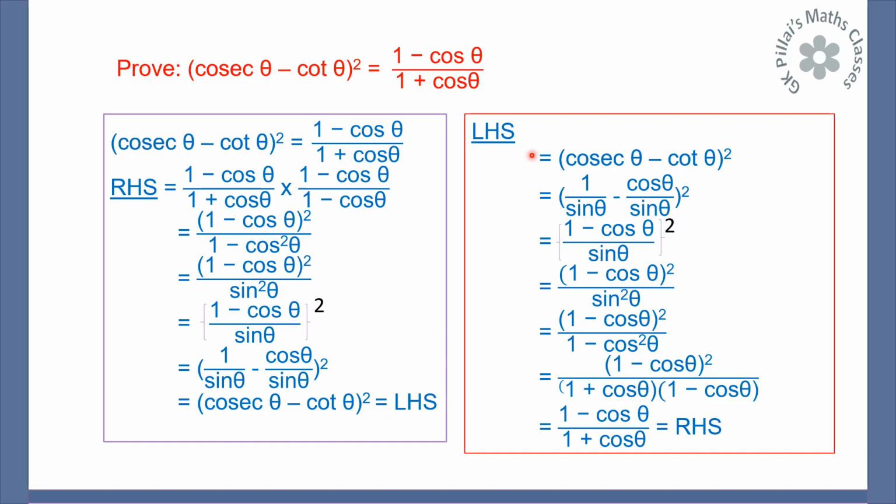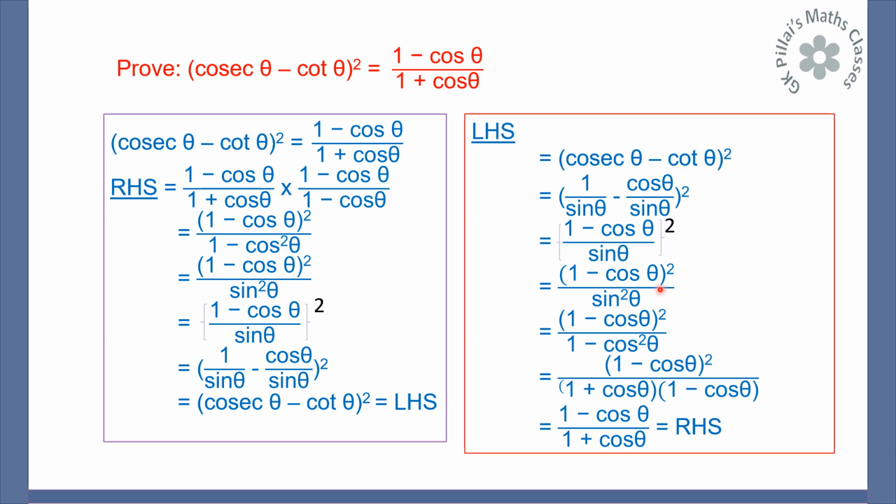Now I'll show you how you will come from the LHS. I have written this. Instead of cosec theta, I am writing 1 upon sin theta, and this one I am writing cos theta by sin theta whole square. Now you take the LCM. This will become 1 minus cos theta whole square. Now we separate the denominator, writing it as sin squared theta.